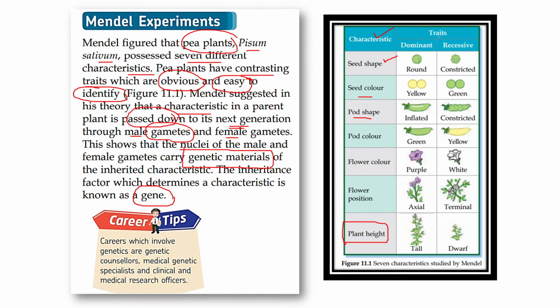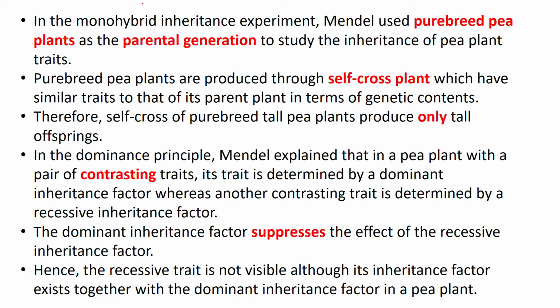So dia punya traits itu adalah sama ada dia tinggi ataupun rendah, for example. The 7 characteristics. So in monohybrid inheritance experiment, Mendel used purebred pea plants. Purebred ini adalah baka tulen. Pokok kacang peas baka tulen. He was using that as the parental generation.